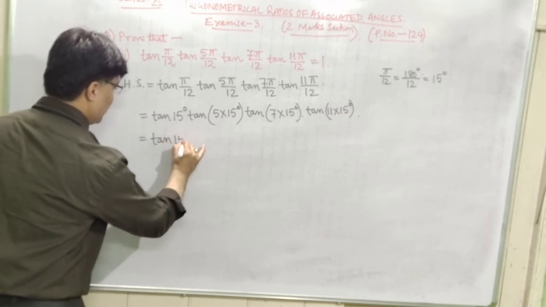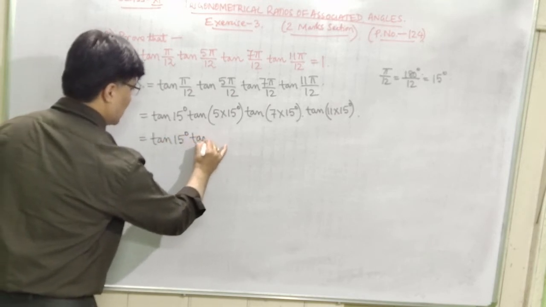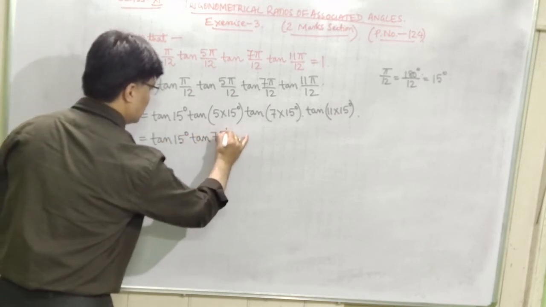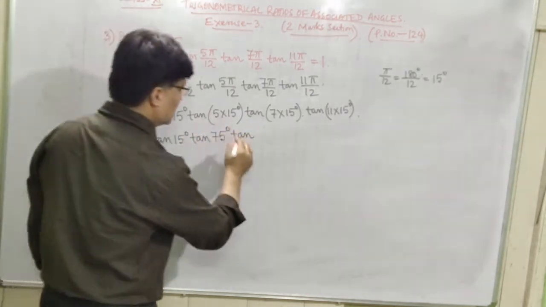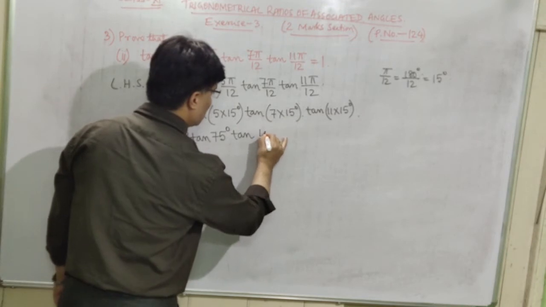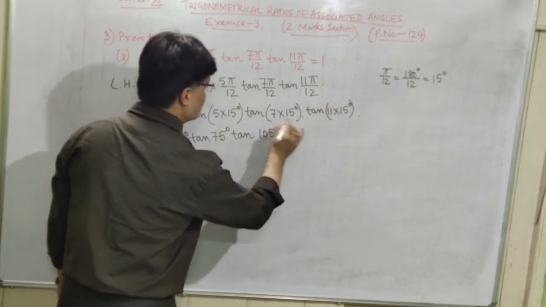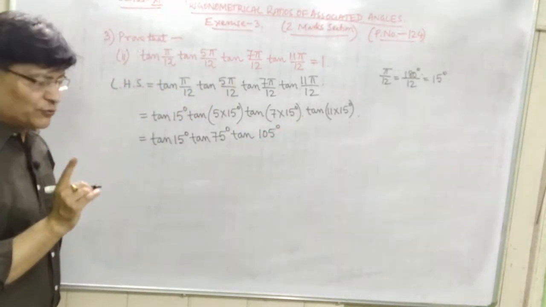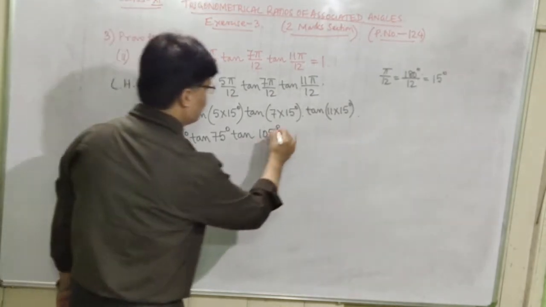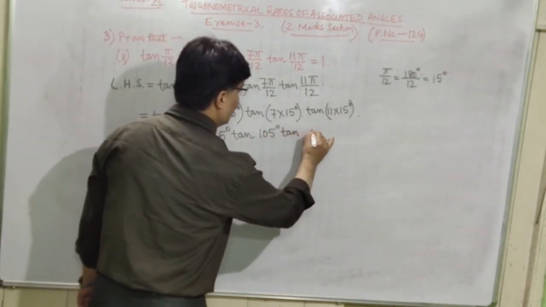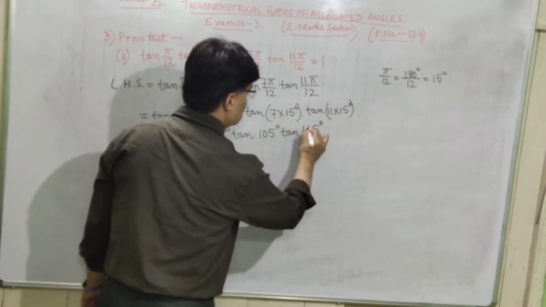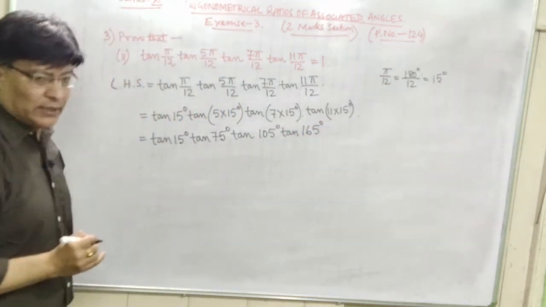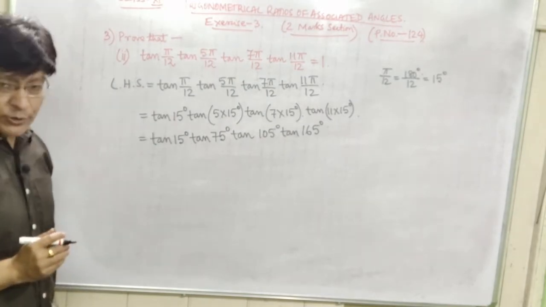This is tan 15 degree, tan 15 fives are 75 degree, tan, what is 15 into 7? It is 105 degrees. 11 fives are 55, 11 ones are 11, plus 5 is 165 degree. So I think you have understood it.